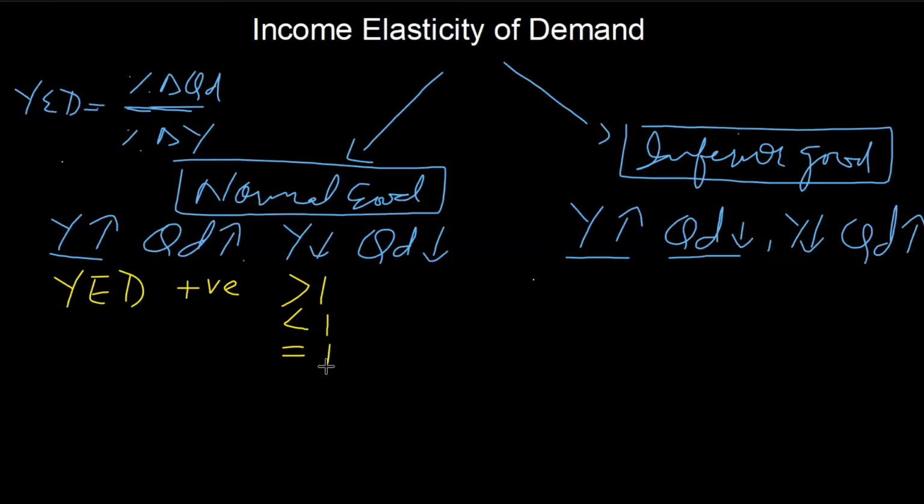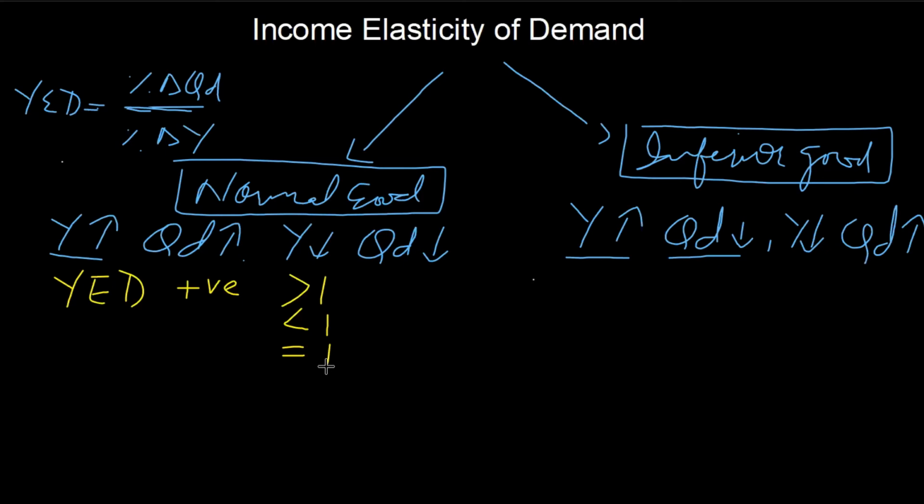But the sign would be positive. So income elasticity of demand for normal goods can be greater than +1, less than +1, or equal to +1. The plus sign is basically an indication of the relationship between income and quantity demand. So a positive sign shows the positive relationship between income and quantity demand.